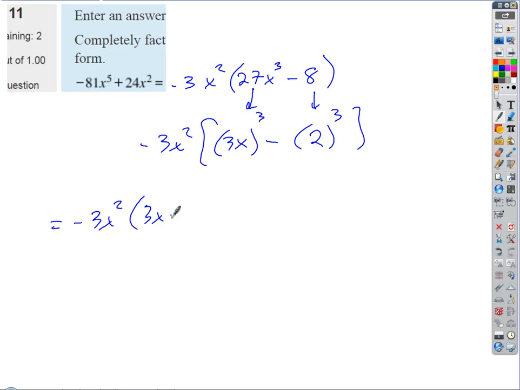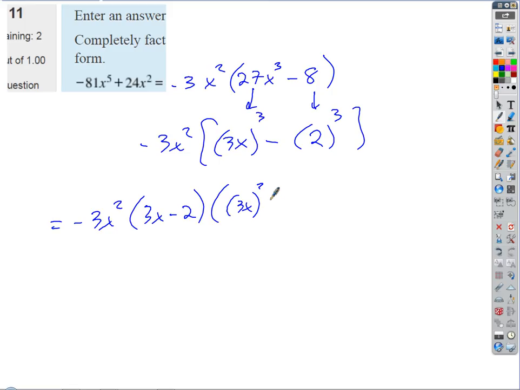3x minus 2, right? Times the quantity 3x squared. Okay, so we gotta be careful about that. It's the quantity, because A is the whole factor 3x, right?